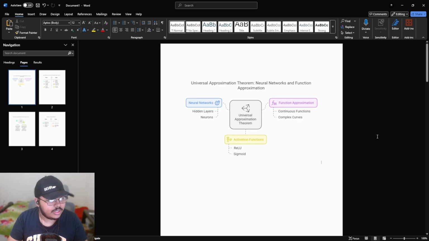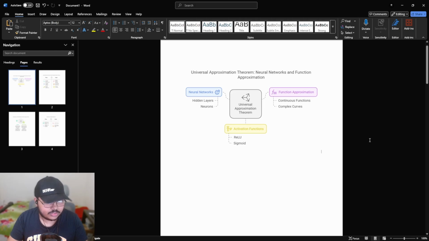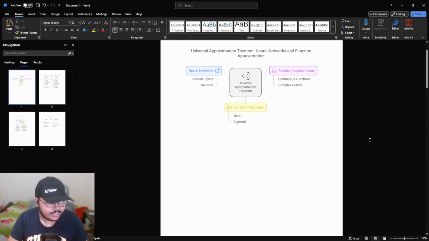The activation functions go into ReLU, a type of function used in these types of machine learning, and then sigmoid functions as well. And function approximation has continuous functions and also complex curves. Okay, so that's all a bit to take in.